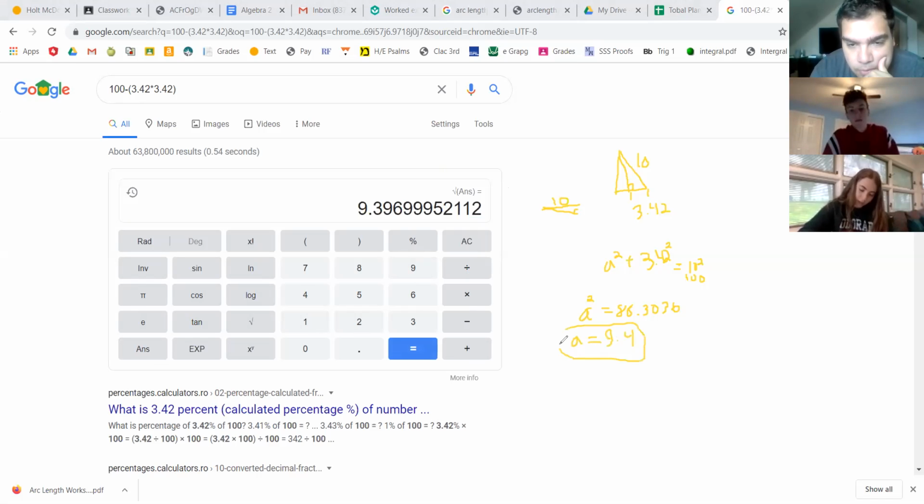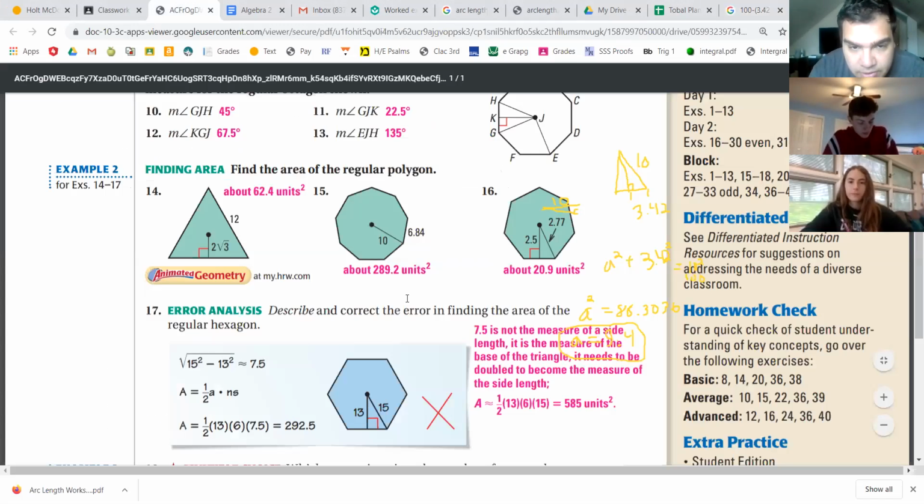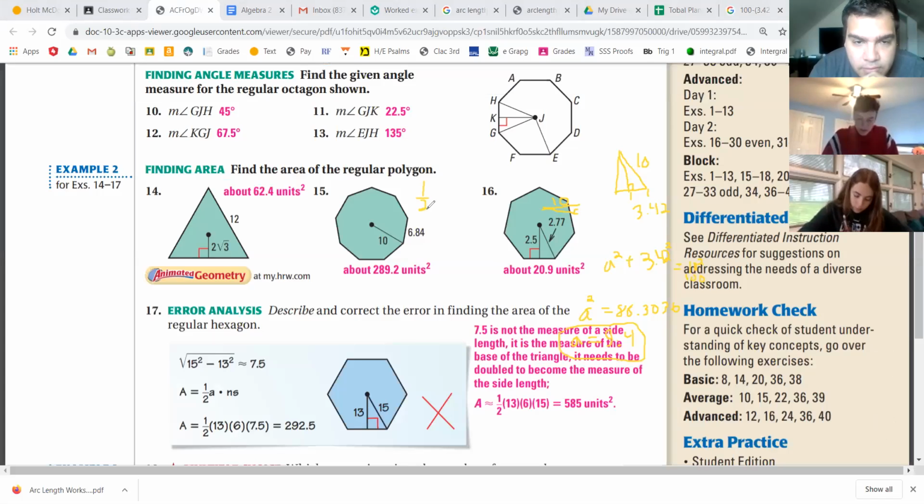Oh, so then you just plug that in. Yeah, so let's plug that all into the equation. So we have 1/2. So what does the S stand for, Layla? The side. Good.